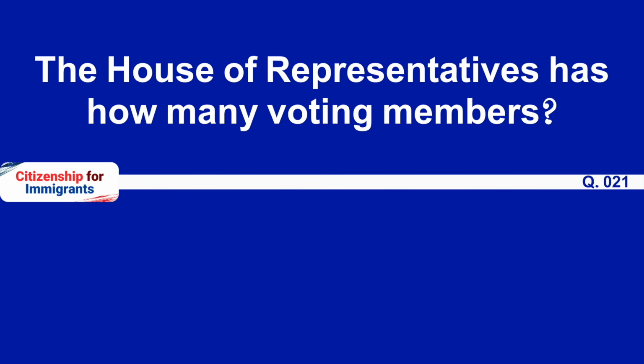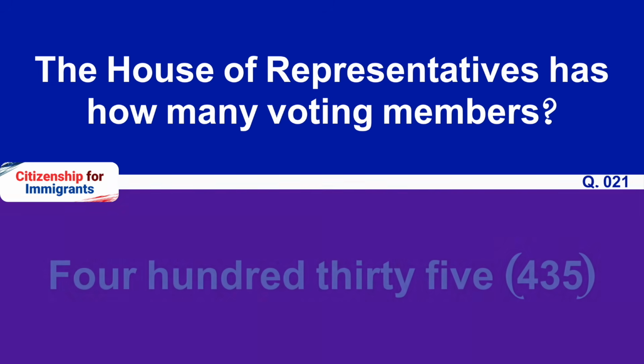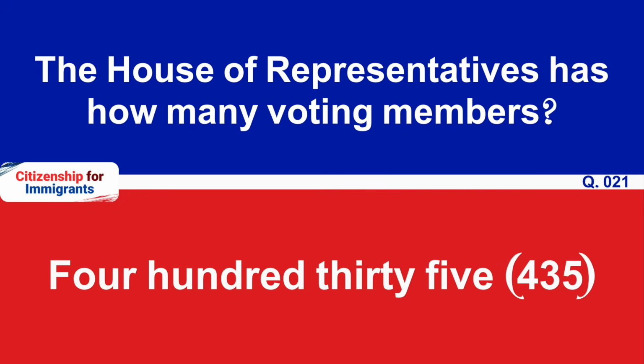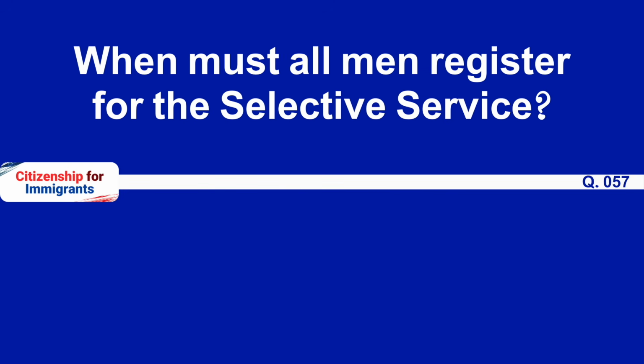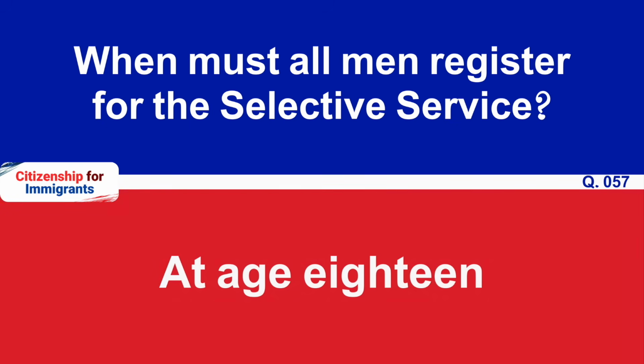The House of Representatives has how many voting members? 435. When must all men register for the Selective Service? At age 18.